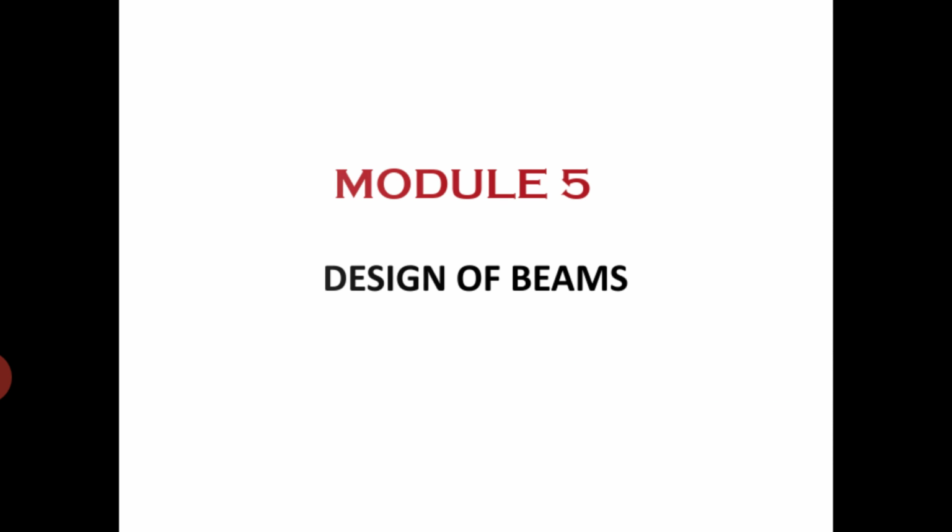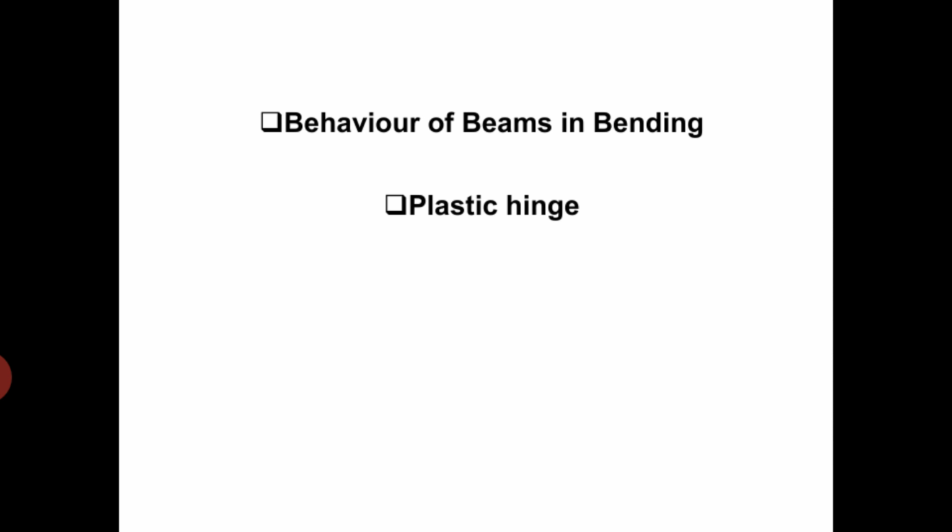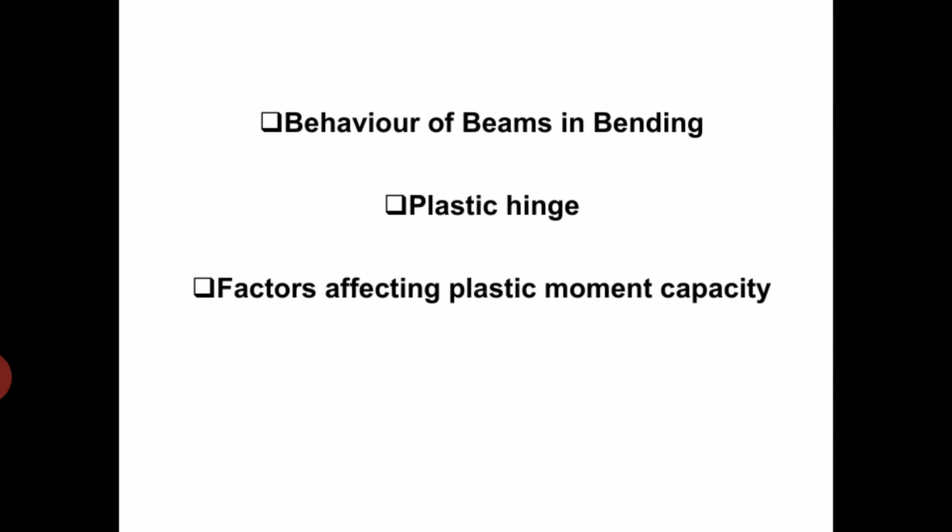So in this particular lecture I am going to discuss the behavior of beams in bending, then the plastic hinge, how the plastic hinge forms, and what are the advantages of forming a plastic hinge, then the factors affecting plastic moment capacity.